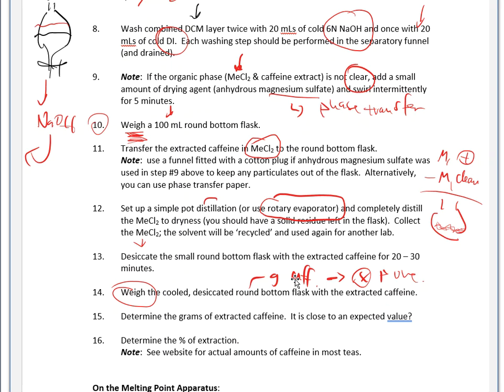All right. Number 16 says, determine the percent of extraction. Well, what this means is that you actually can use Google, right, or some type of website that will tell you the typical amount of milligrams of caffeine in a serving size of tea.